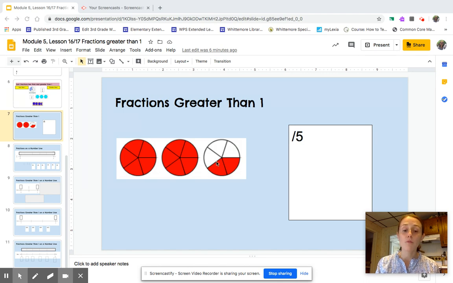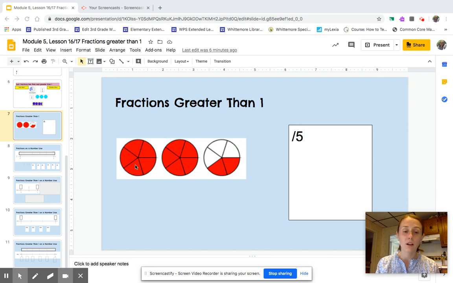Even though I have more than one whole, because each whole is divided into 5 pieces, my denominator is going to be fifths. So I'm going to count how many of these fifths are colored in red to solve for my numerator. So here we go.